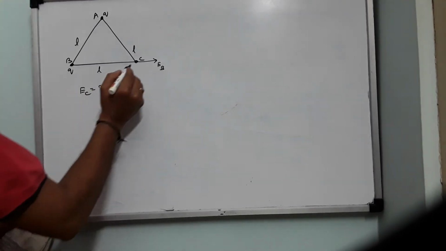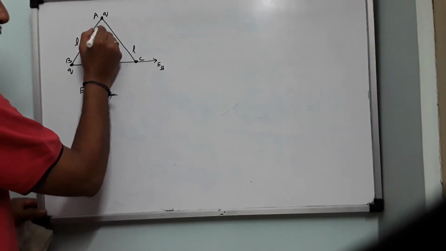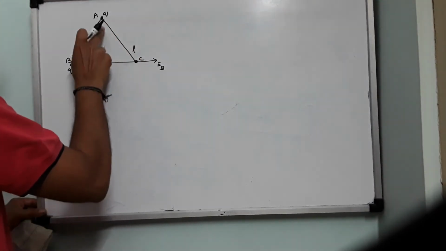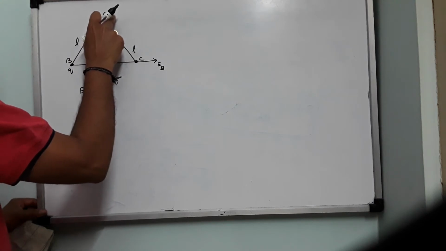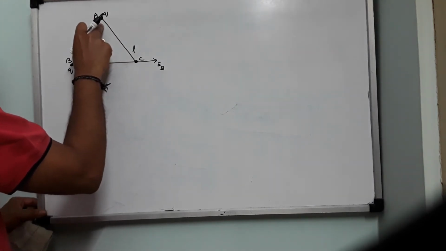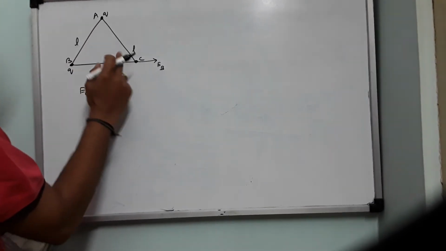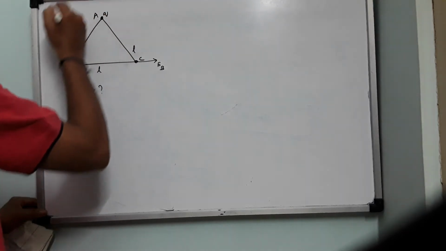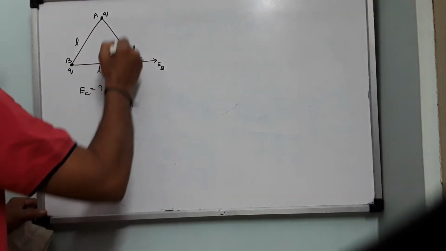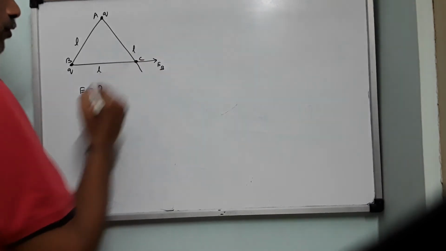Now, at point C, the other Q also will produce an electric field. In which direction? Radially outward from this Q. If this Q is the center of the circle or the sphere, and this distance is the radius, then it will be like this. Away from the center means it should be like this. How big should this vector be?